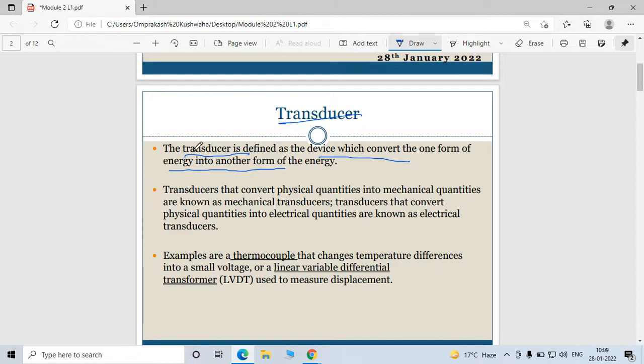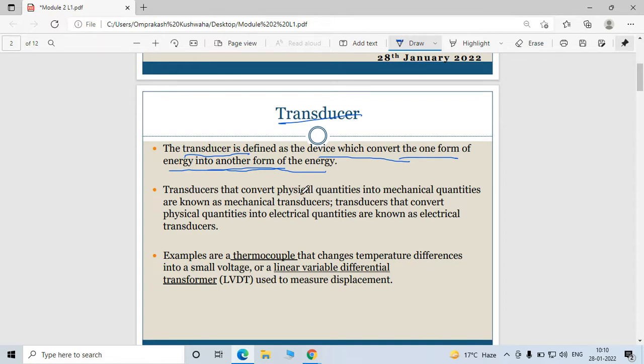So the common definition is that a transducer is a device which converts one form of energy into another form of energy. This is the basic definition of a transducer.